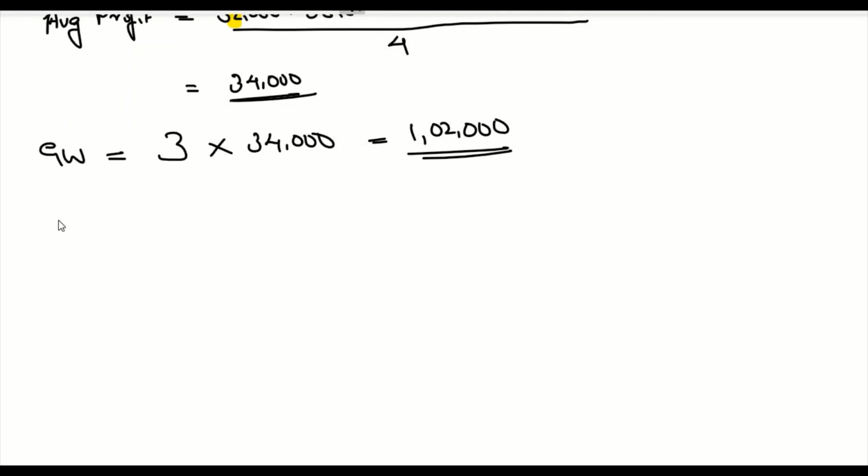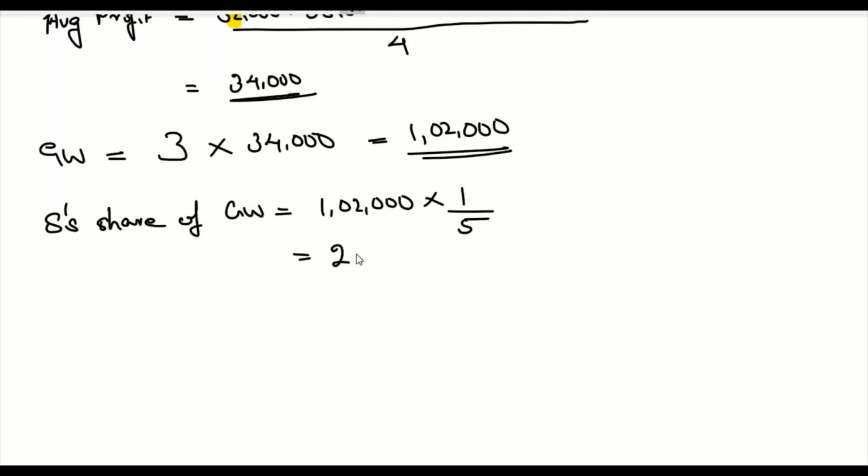We have to find the new partner's share of goodwill, that is S's share of goodwill, which is equal to 1,02,000 into his share of profit, 1 by 5. So that is equal to 20,400.